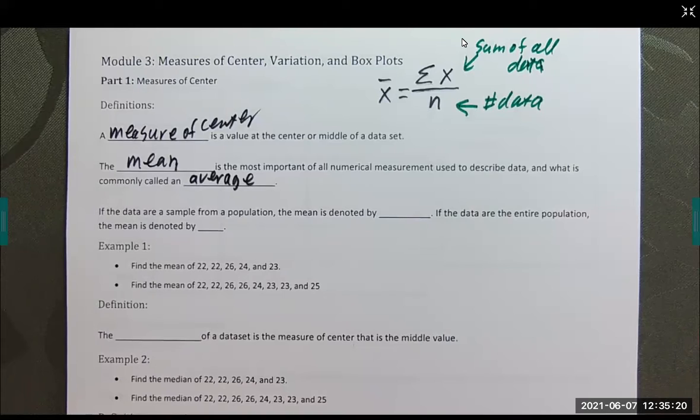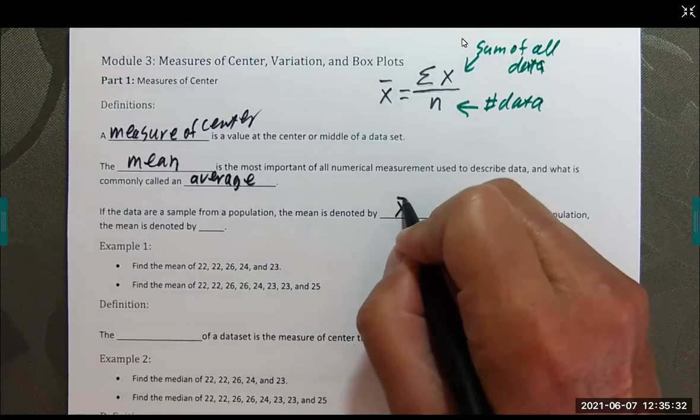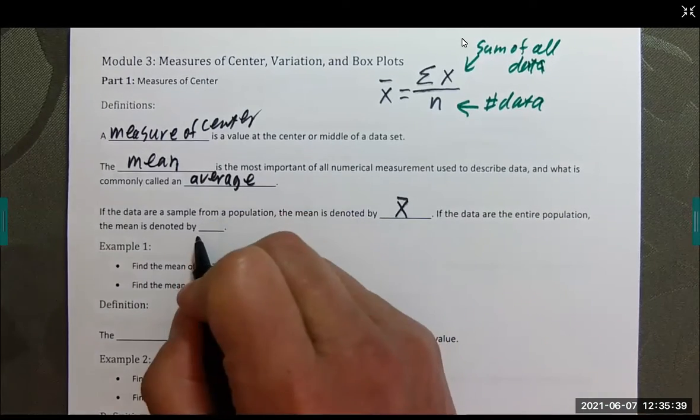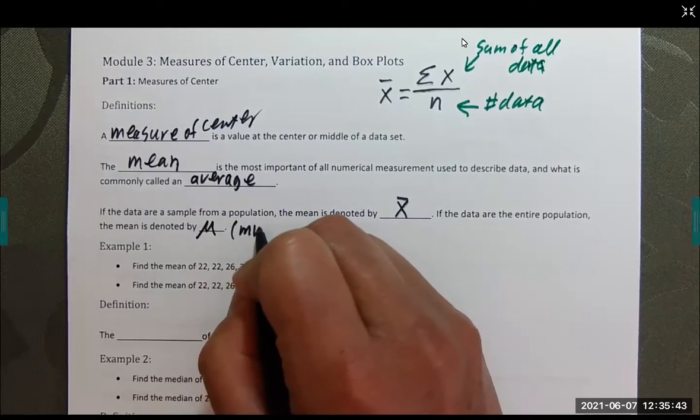If the data are from a sample of a population, then the mean is referred to as X bar, X with a little bar over it. I mentioned this in a previous video. If the data are the entire population, then the mean is denoted by a Greek letter, pronounced mu.